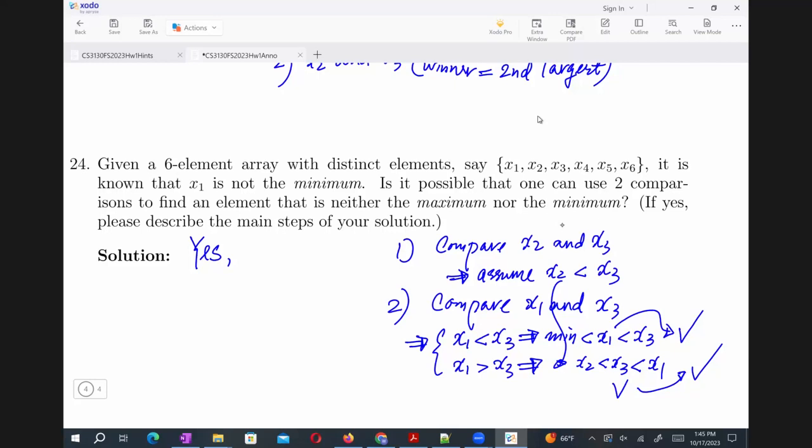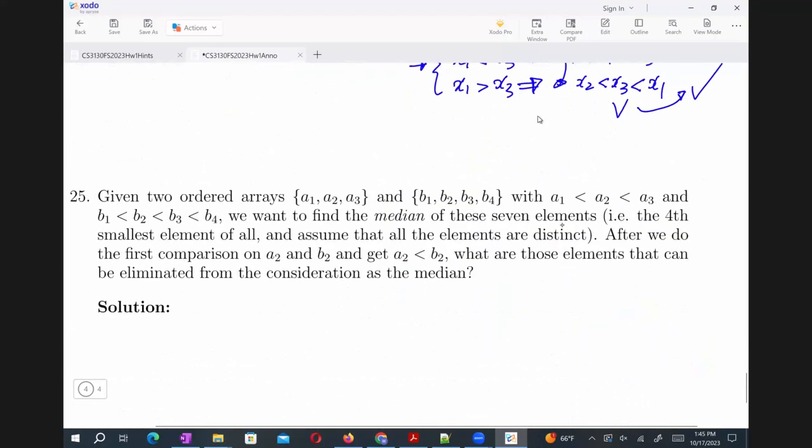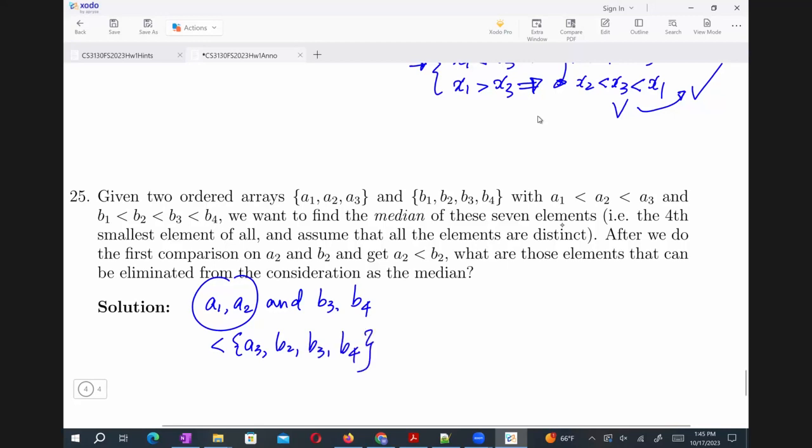All right, the last question, we ran out of time. Answer A1, A2, and B3, B4. Correct answer. Many of you gave me the correct answer, but you need to tell me why. Because A1, A2 are less than A3, B2, B3, B4. So they're less than at least 4 elements.